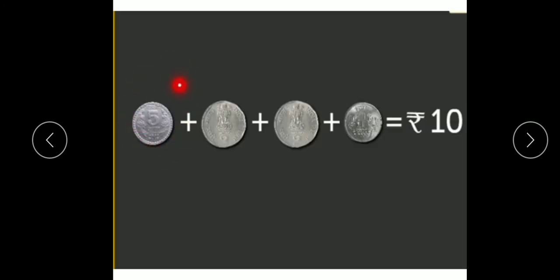In total she gave 10 rupees to the shopkeeper, because 5 plus 2 plus 2 plus 1 is 10. So she gave 10 rupees for that lollipop.